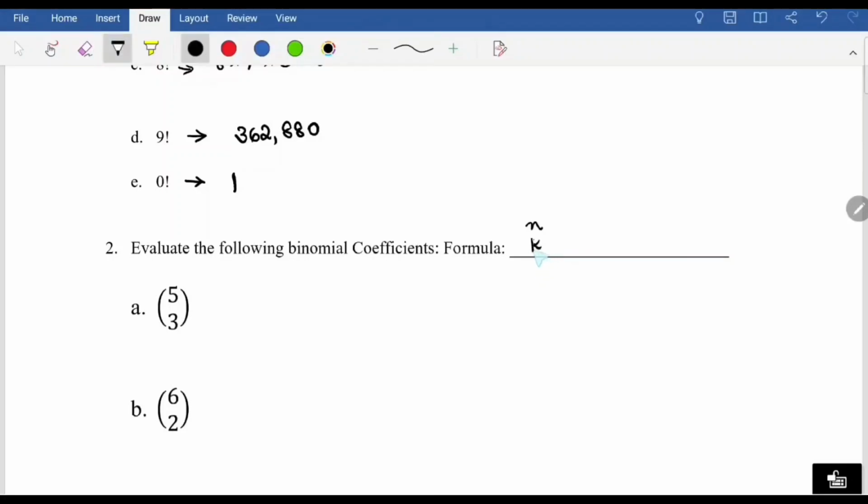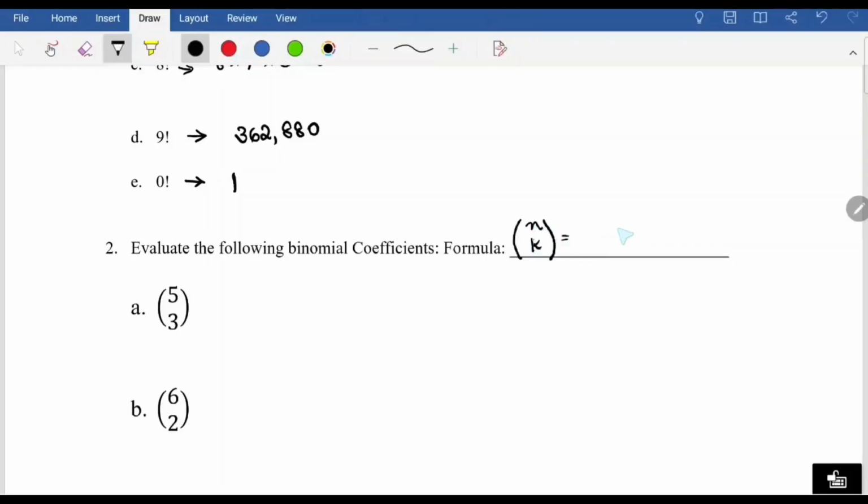K can also be x, and it is surrounded by brackets. This kind of bracket means n combination k. That means how many combinations of size k can you come up with from a size of 9 items or 9 people or whatever you may be working with.